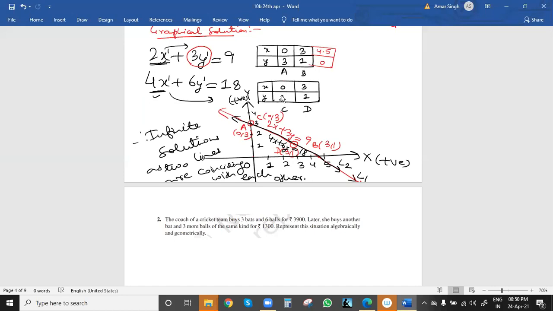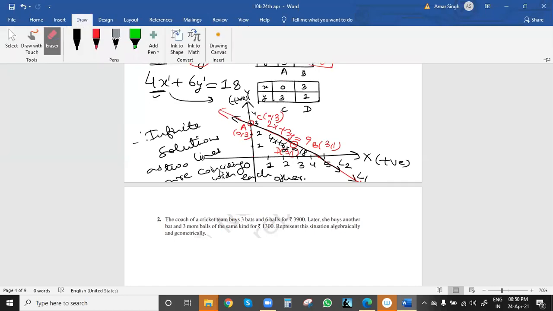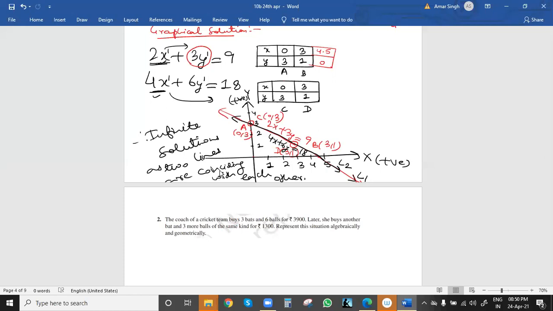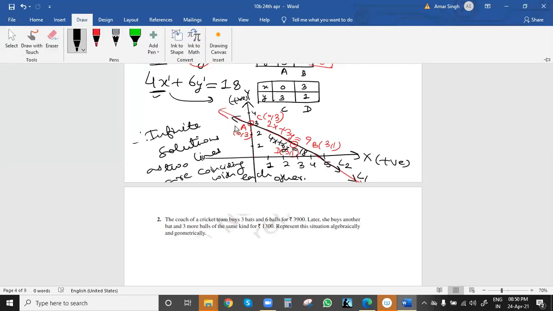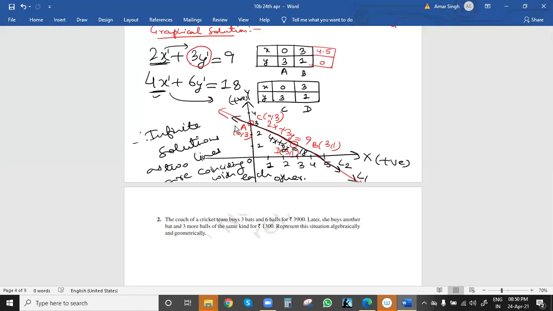Infinite solutions, because both the lines we got from these two equations are coinciding, that's why infinitely many solutions. So note the solution, then you can end the session.